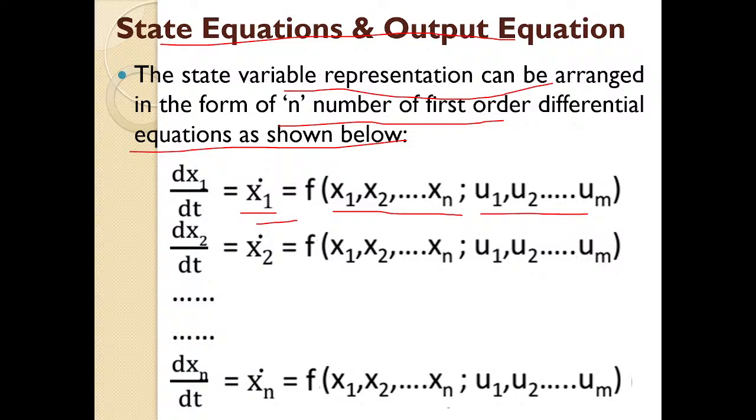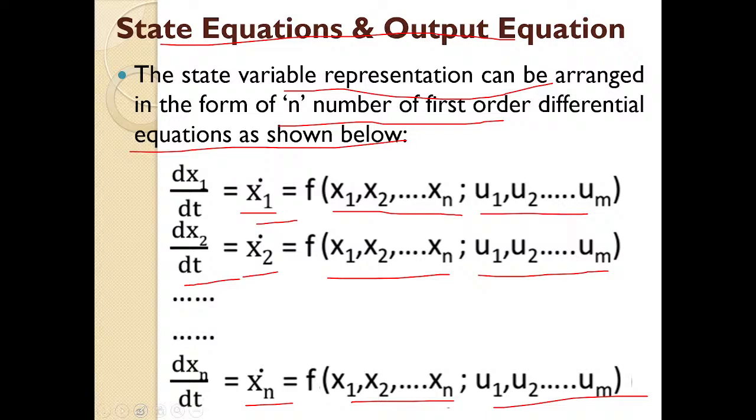Similarly, if we differentiate the second state variable, that is x2 dot, it will also be a function of the set of all the state variables and the input variables. Similarly, d by dt of xn, that is the first order differentiation of your state variable, will also be a function of all the state variables and the input variables.